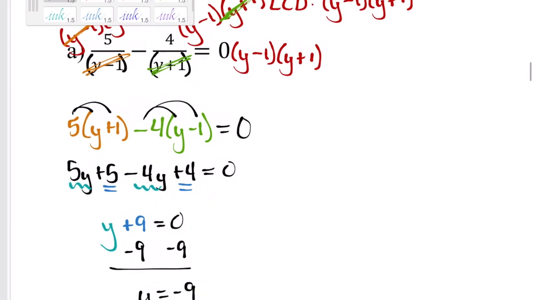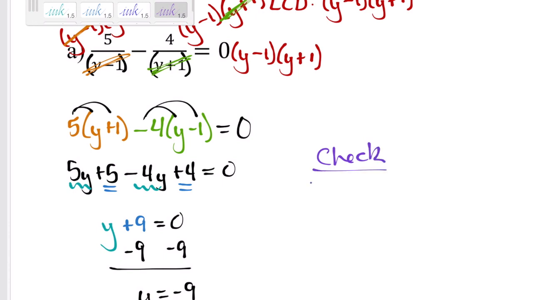So here I've got my y is equal to negative 9. If I were to plug negative 9 back into the original problem, then I wouldn't end up with any zeros in the denominator, so that means I can continue with it. So if I go off to the side, I'm going to check it. That means I'm just plugging in negative 9 everywhere I have a y.